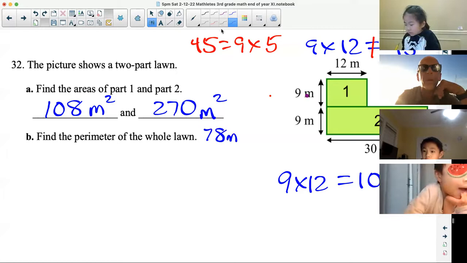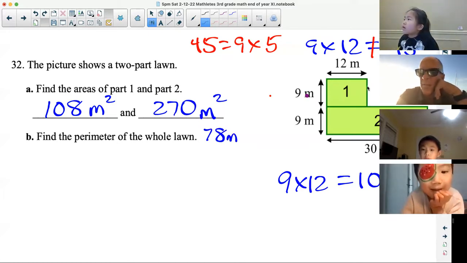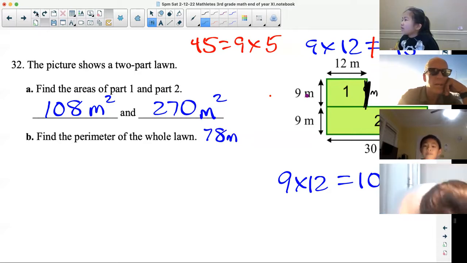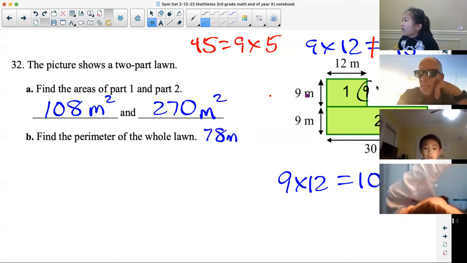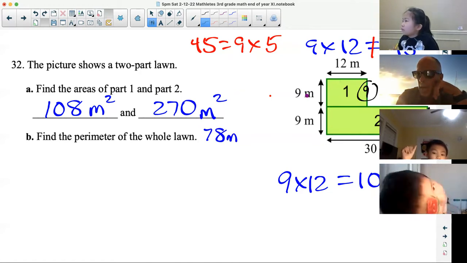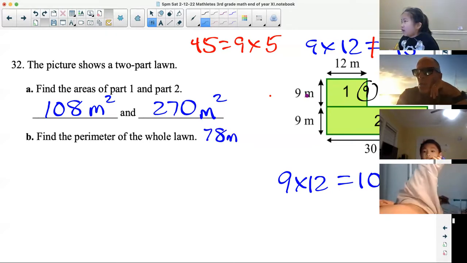Guys, do you guys agree? Eleanor, I want you to look up here, okay? Do you guys agree that this segment right here is 9 meters? Yes. Okay, guys, that's 9. Do you agree that this right here is how long, guys? 9 meters.